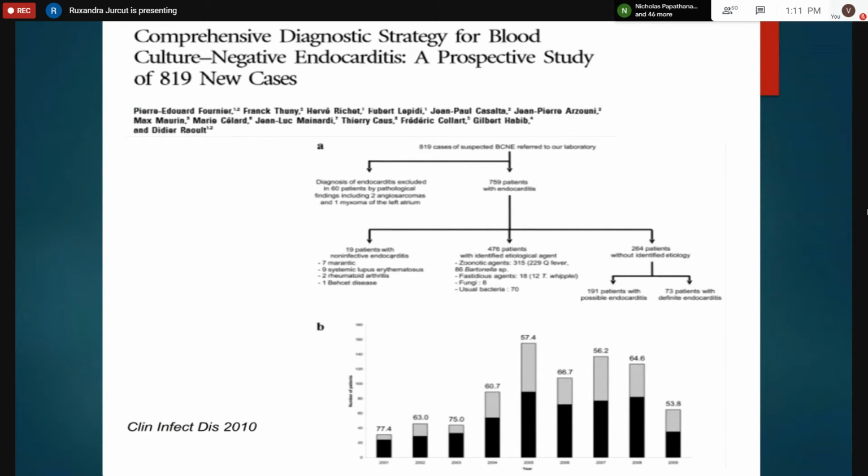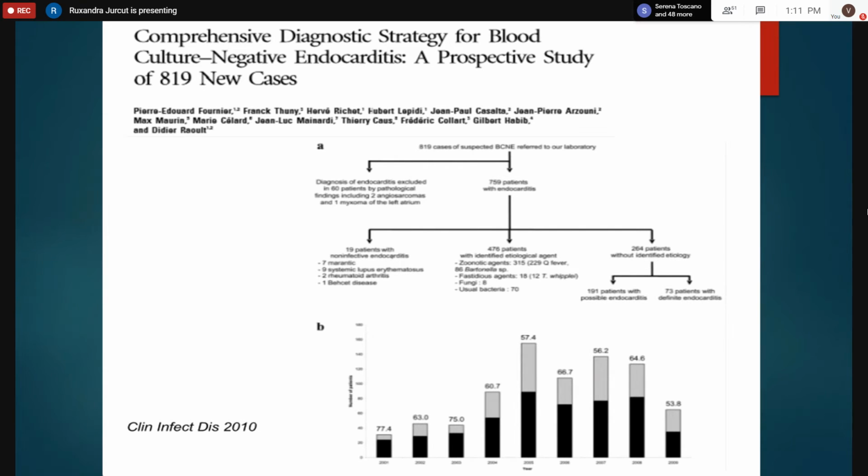And when they went very far with their testing in the lab, they found another almost 500, so 2/3 of these patients at the beginning not having etiology, actually they found the etiology. It was either Bartonella or Q fever or Tropheryma whipplei or fungi, so germs that grow more difficultly in the cells, need serology and so on.